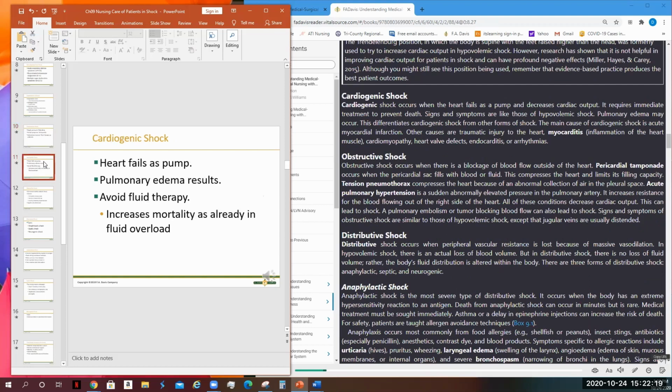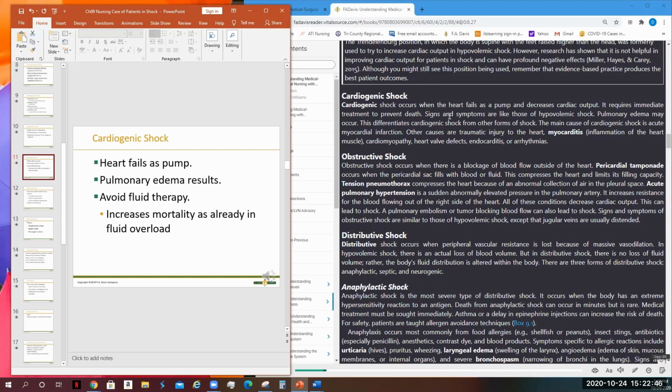So cardiogenic shock. That occurs when the heart fails as a pump and decreases cardiac output. It requires immediate treatment to prevent death. Signs and symptoms are like those of hypovolemic shock. Pulmonary edema may occur. This differentiates cardiogenic shock from the other forms of shock.